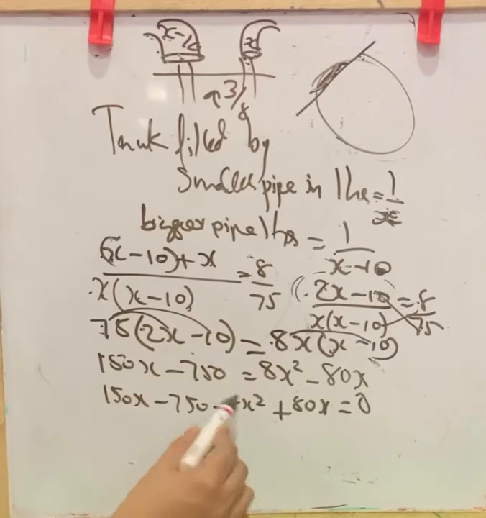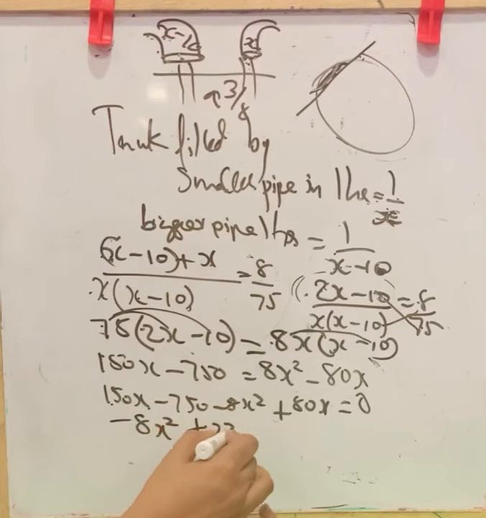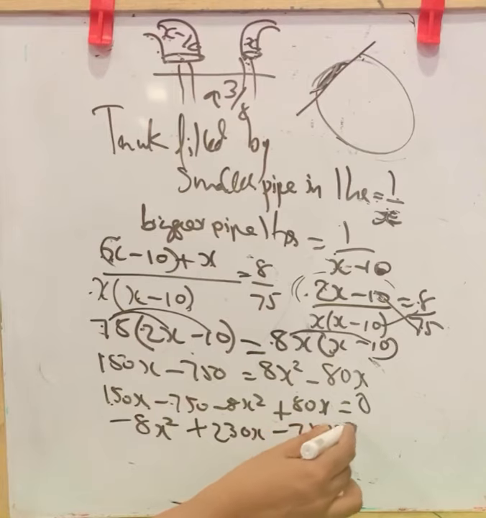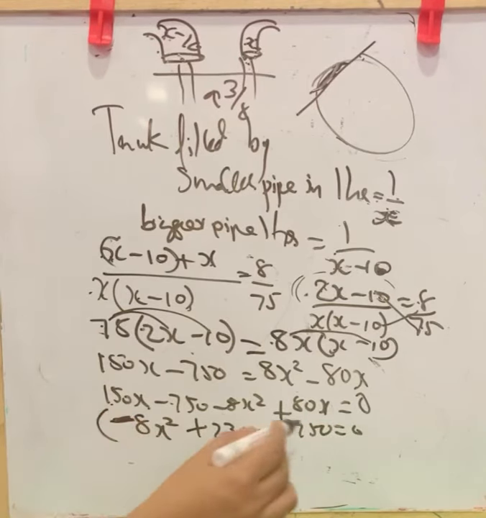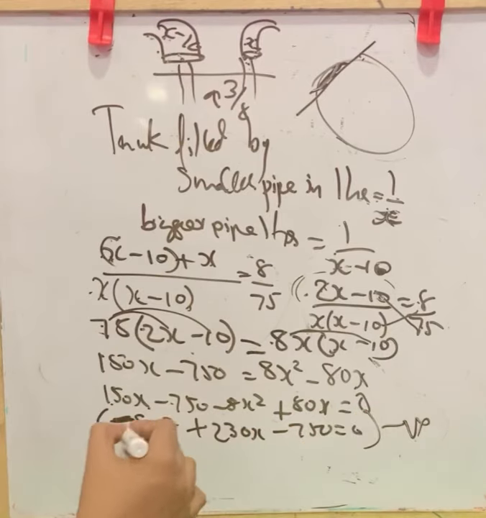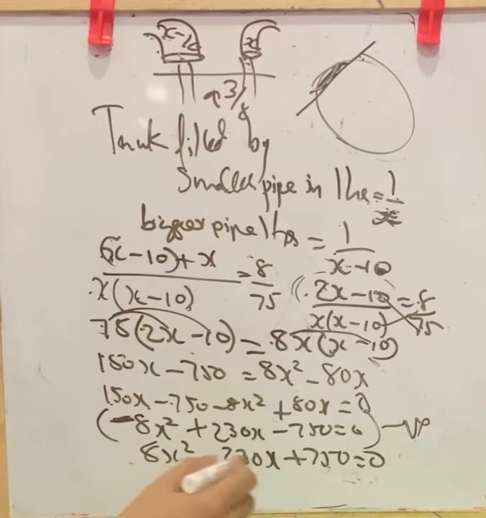Here minus 8x square is here. 150x plus 80x is plus 230x minus 750 equal to 0. We don't want this negative here for coefficient of x square. So whole into negative, this becomes 8x square minus 230x plus 750 equal to 0. This is the quadratic equation.